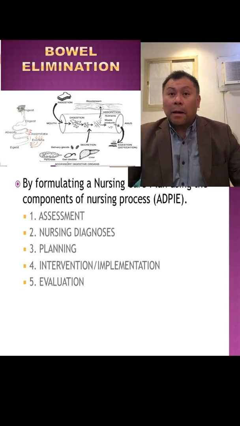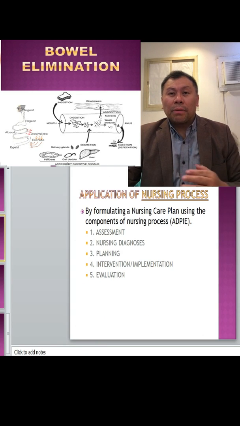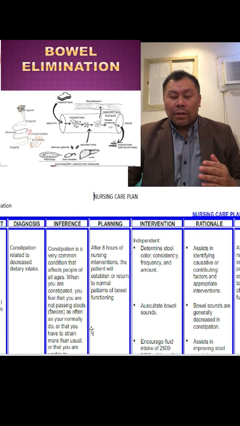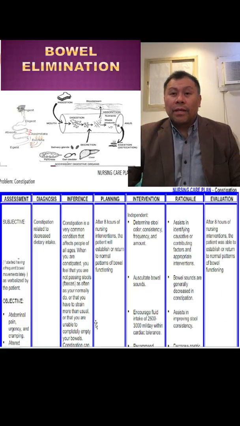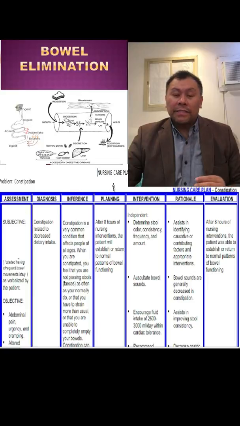Now I have a sample nursing care plan here. If the patient has a problem in bowel elimination, for example constipation, you are going to make a nursing care plan with the use of the nursing process. The first, you are going to assess. In assessment, there are subjective and objective data.